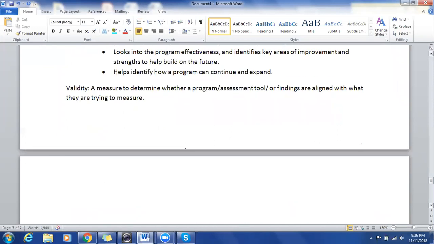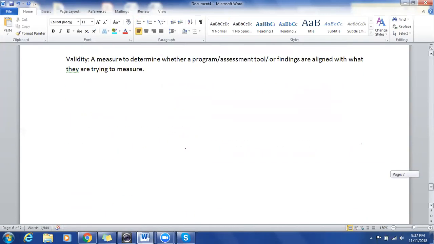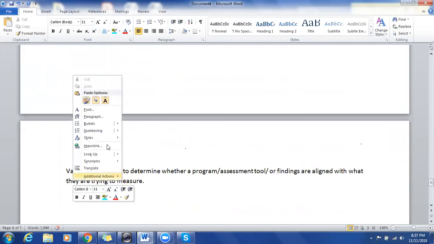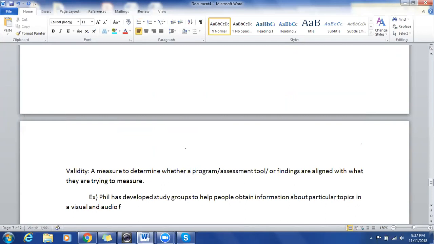So an example of validity, and there's different kinds of it, would be: Phil has developed study groups to help people obtain information about particular topics in a visual and audio form.